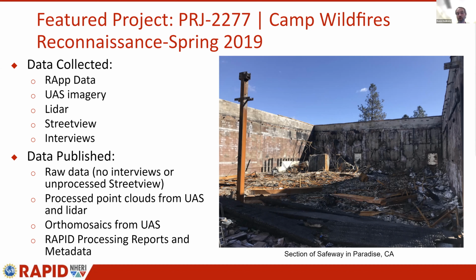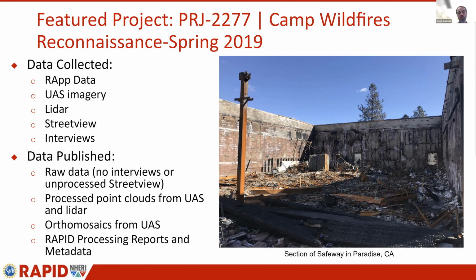The data that is published in the data set you're going to look at and work with includes all the raw data, but we leave out, when we publish the raw data, any interviews or street view, because those unprocessed street view images do not contain facial blurring and license plate blurring, so that raw street view data is not included in the published data set.